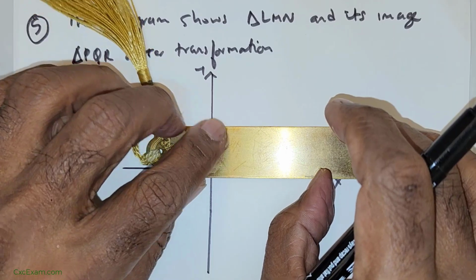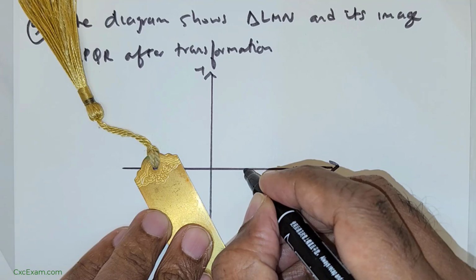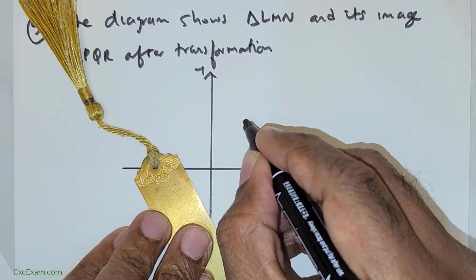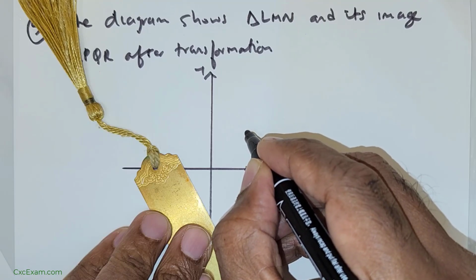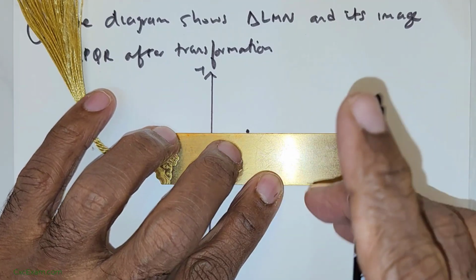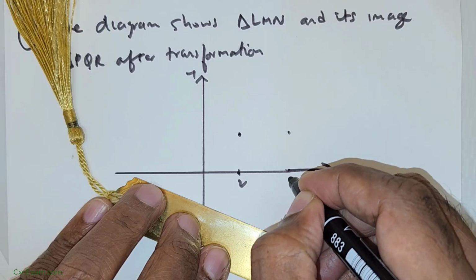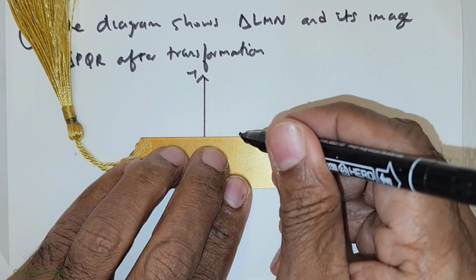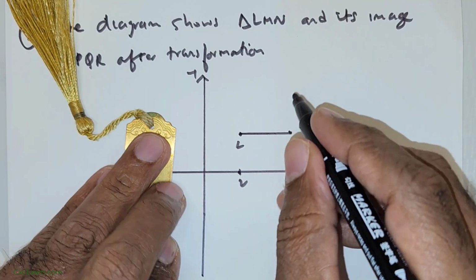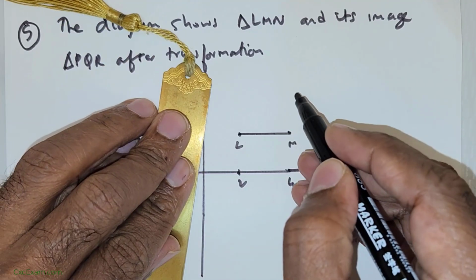Now you have this LMN and it is starting at 2 and moving on to 4. So 3 and 4. This point is 4. So this is L, this is M. N is at 5. So let me take this point as 5.